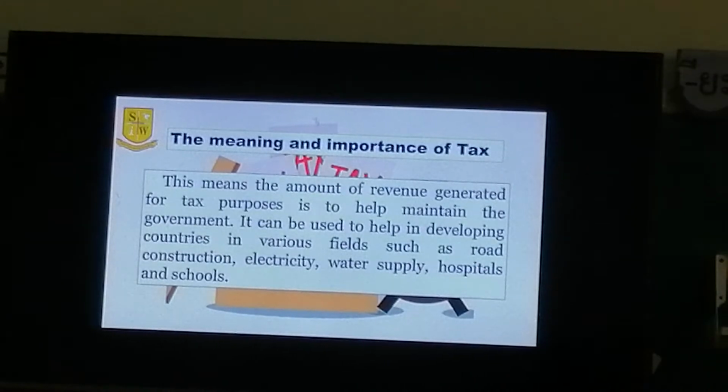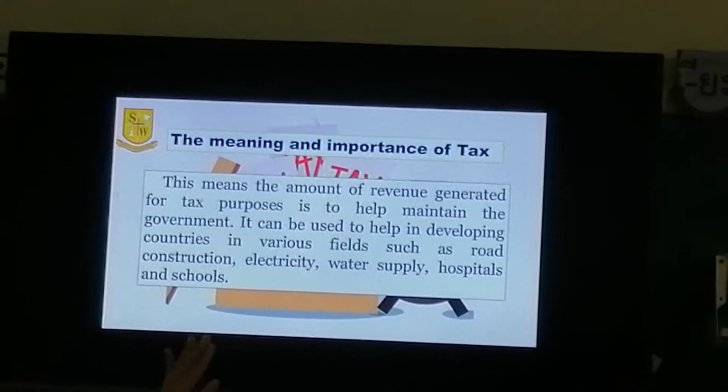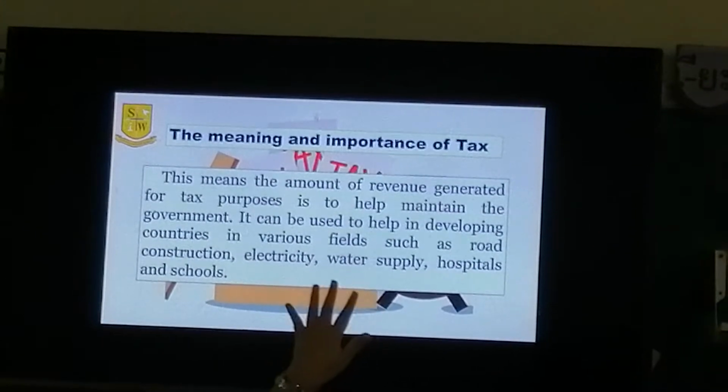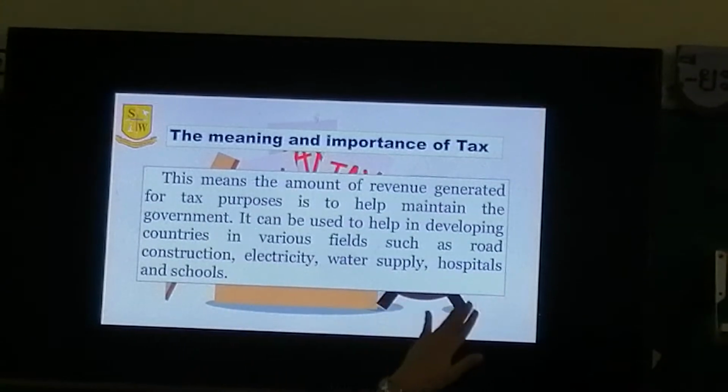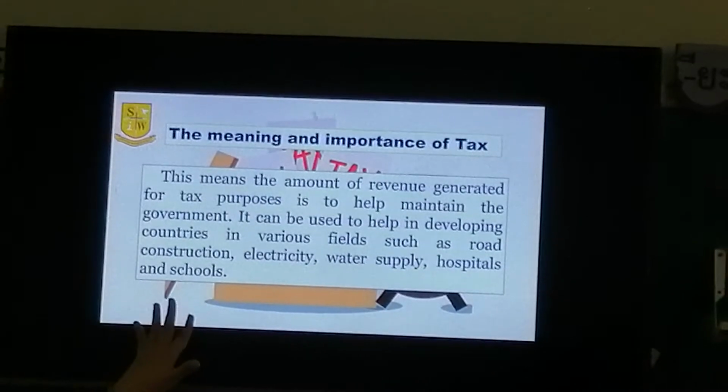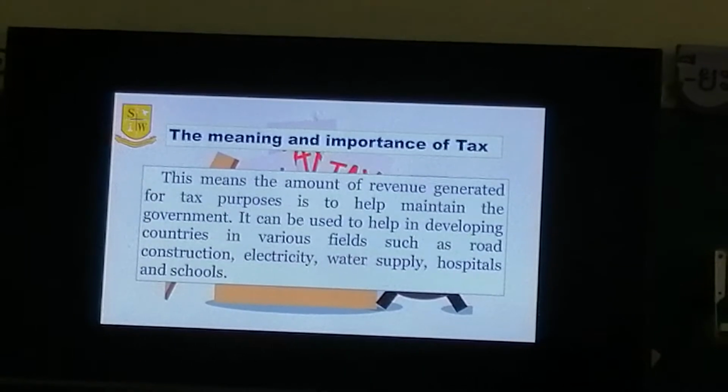Okay? So with the tax of the people, children, the government will be able to pay for the road construction, the water supply, the electricity, the hospitals, and the schools. There are hospitals and schools that are government, okay?